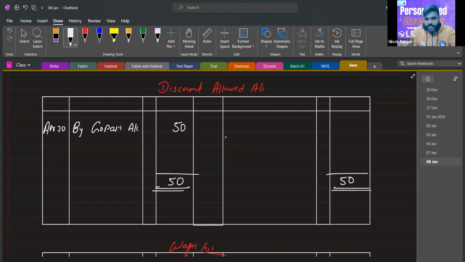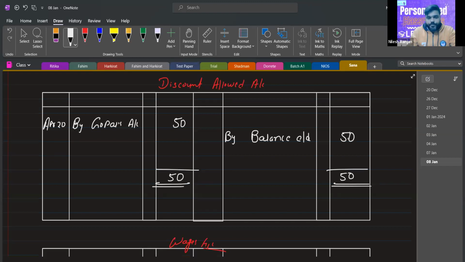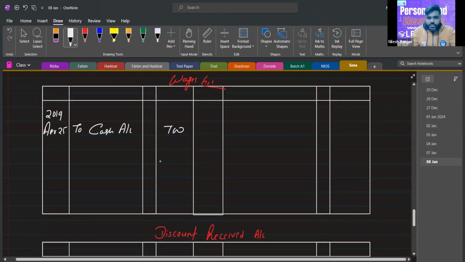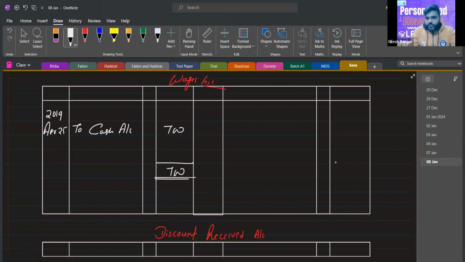There should be no balance here, but we are calculating 50. After that, wages is also a nominal account, 700, and here it will be by balance CD 700.